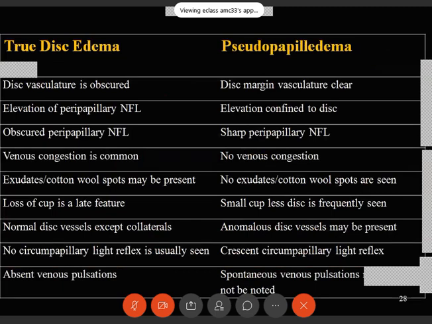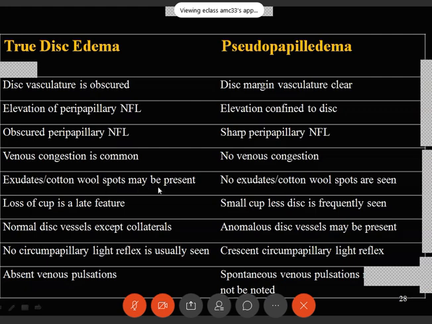Differential diagnosis: true disc edema versus pseudopapilledema. These are a few points. In true disc edema, the disc vasculature is obscured; in pseudopapilledema, the disc marginal vasculature is clear. In true disc edema there is elevation of the peripapillary nerve fiber layer; in pseudopapilledema, elevation is confined only to the disc. In true disc edema there is obscuration of the peripapillary nerve fiber layer; in pseudopapilledema it is sharp. Venous congestion is common in true disc edema, but not in pseudopapilledema.